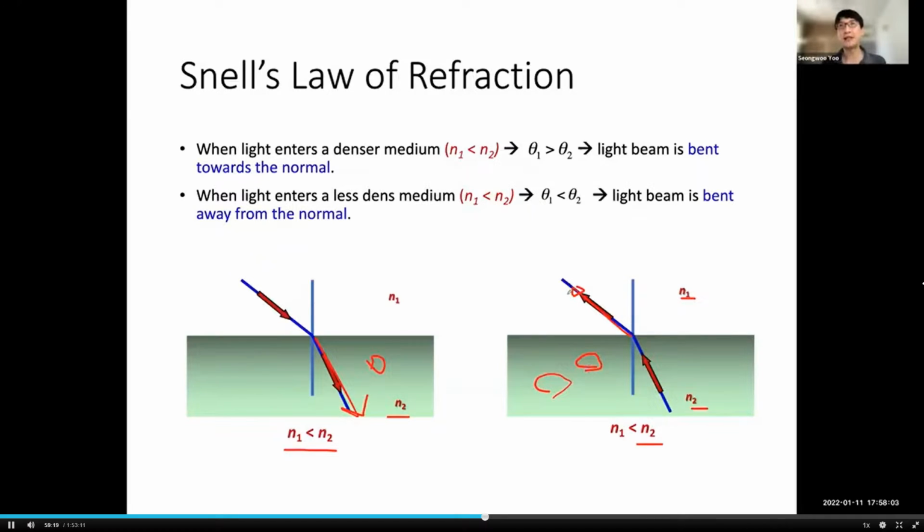Therefore, this light is attracted to the higher refractive index medium. So you are not going to draw a line like this, because n2 is higher than n1. This bending can be true if n1 is greater than n2. All right.